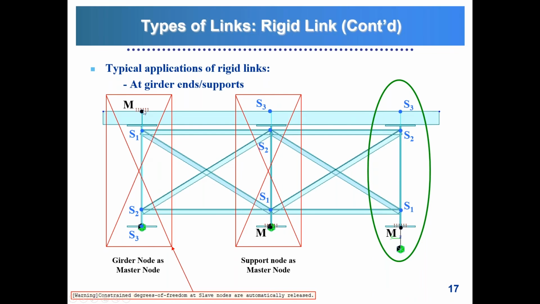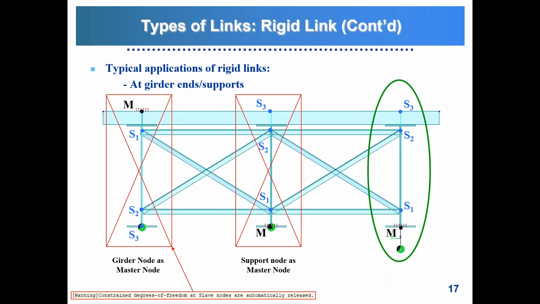Your master node here doesn't have any support condition, so the 3 slave nodes are going to pick up those properties. Even though you have a support condition defined here, once you start running the analysis, this node will pick up essentially that, so this support condition is going to be deleted from the model.